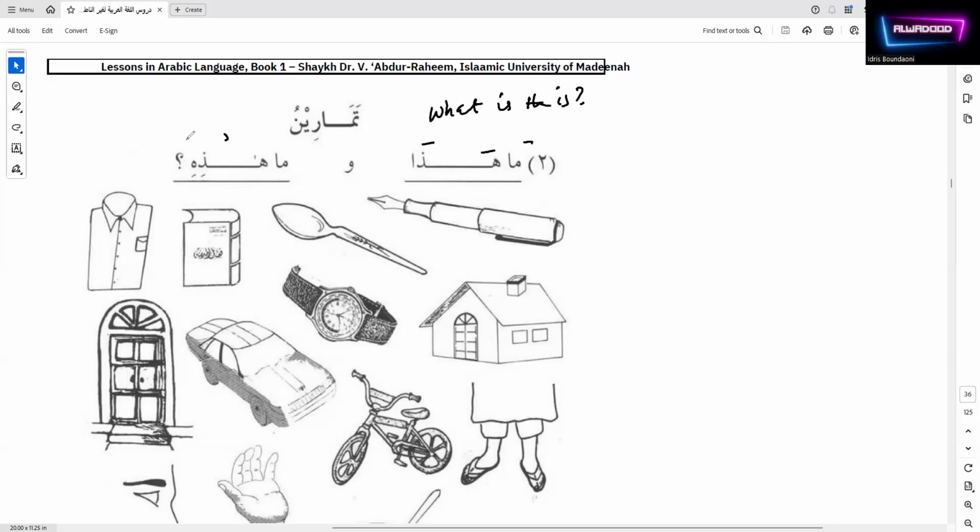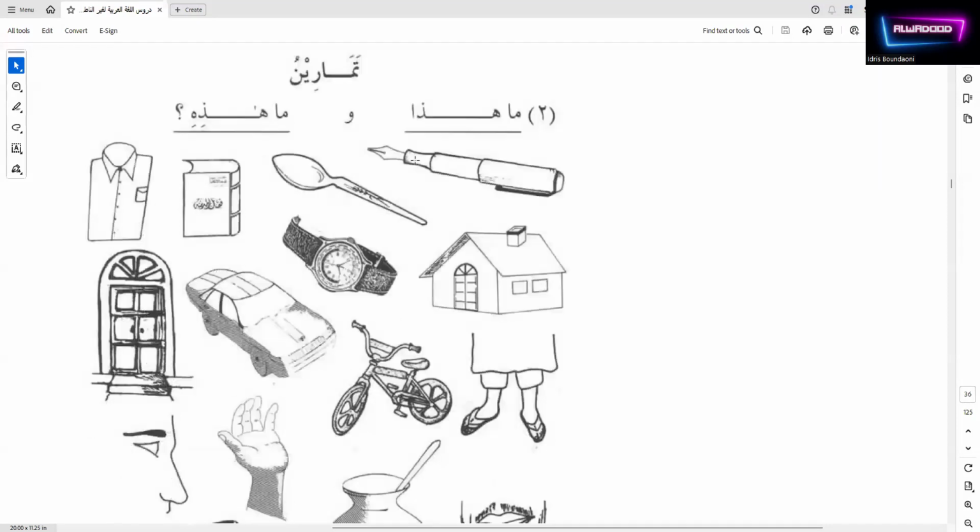What is this? ما هذه. What is this? But ما هذه is feminine, and then ما هذا is what? Masculine.